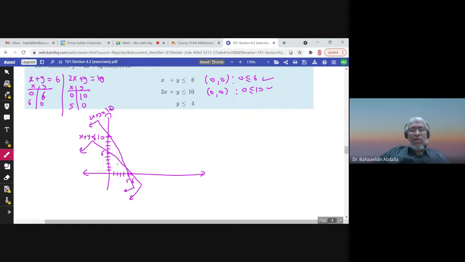y is less than or equal to 4. Well, this is the line y equals 4, and less than will be below this line. Also x greater than 0 and y greater than 0. So where is the region?